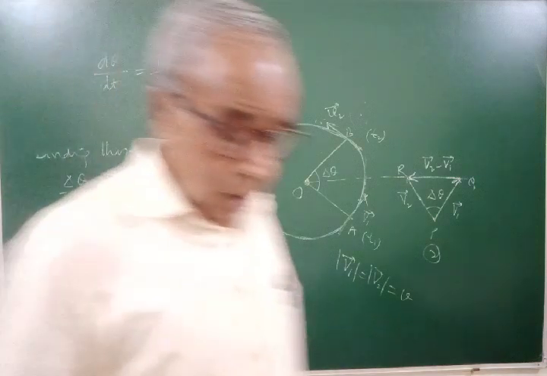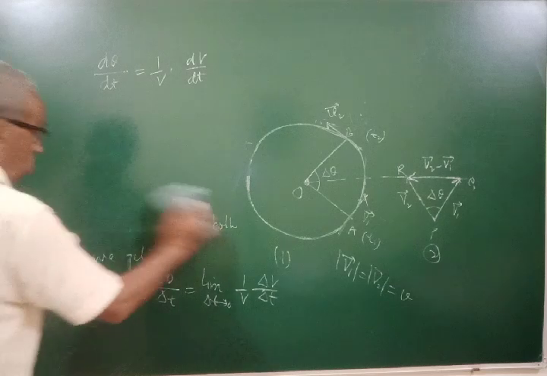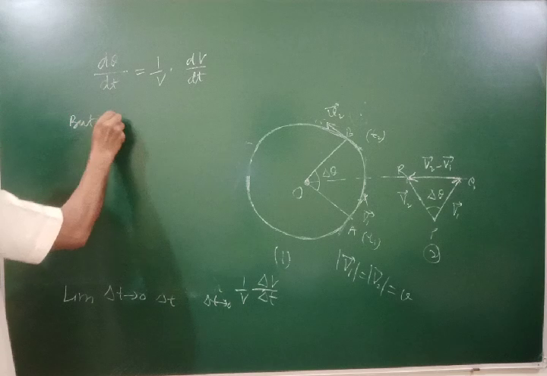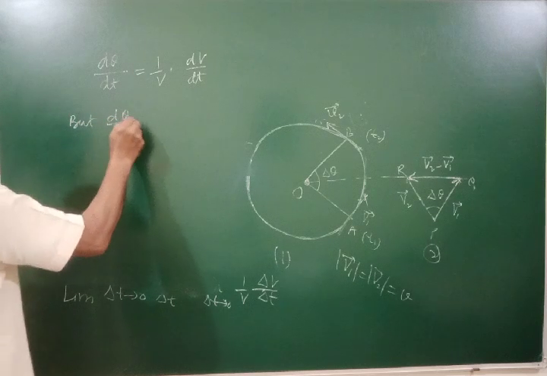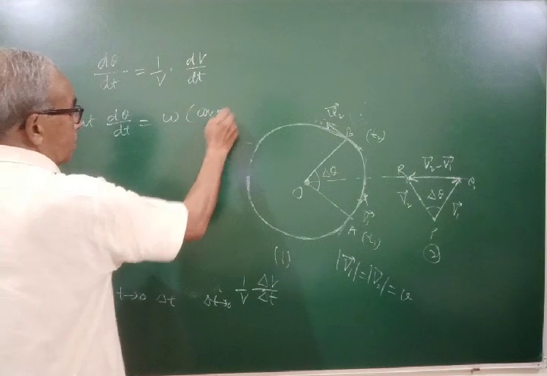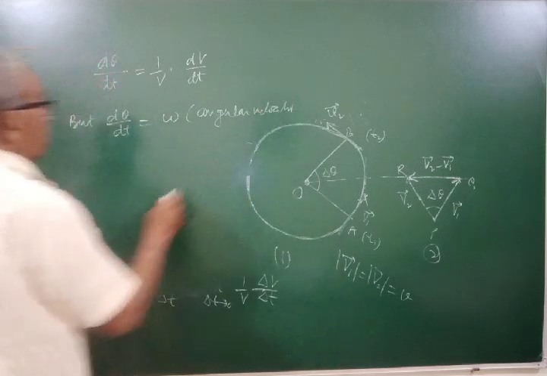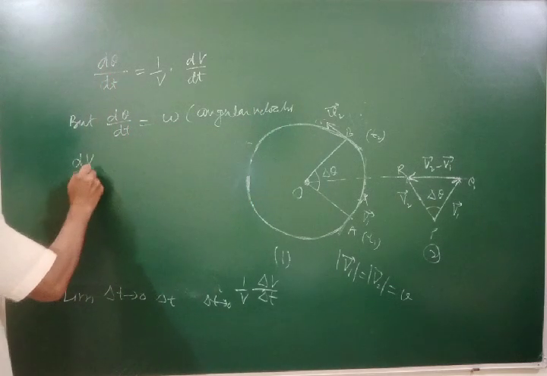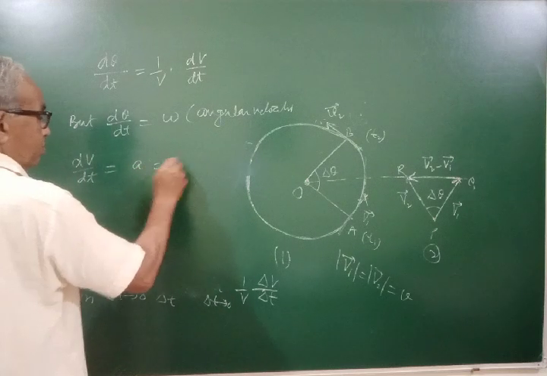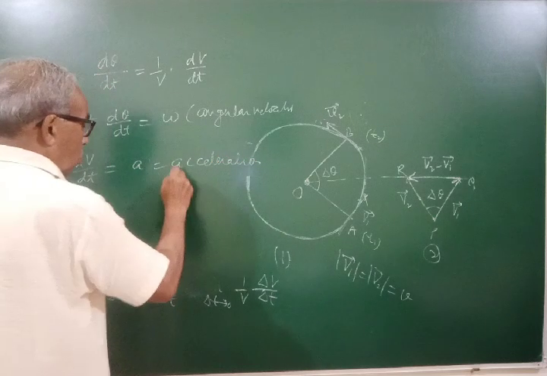Now, what is d theta upon dt? d theta upon dt is equal to omega, the angular velocity. And dv over dt is equal to a, the acceleration of motion.